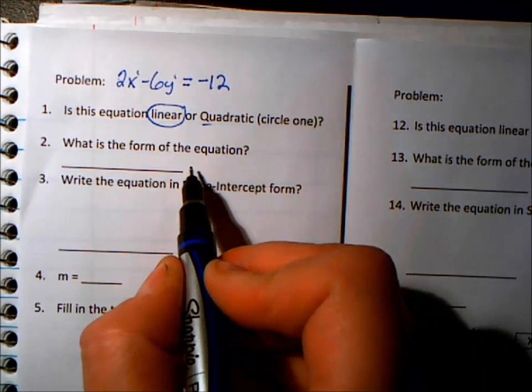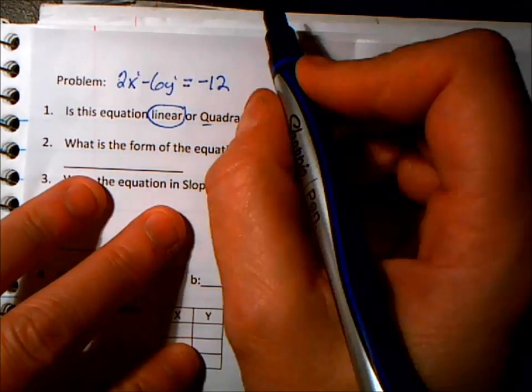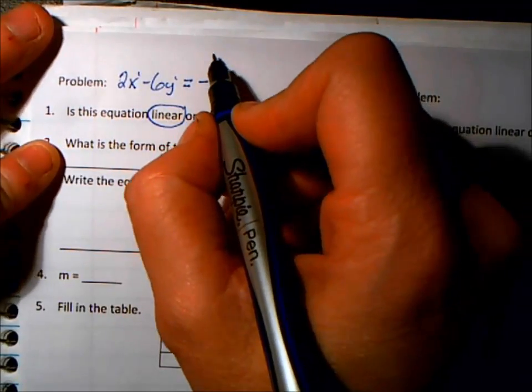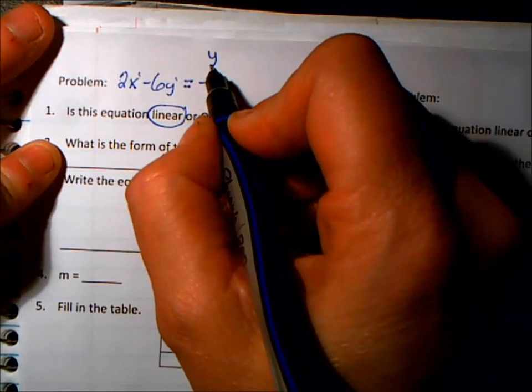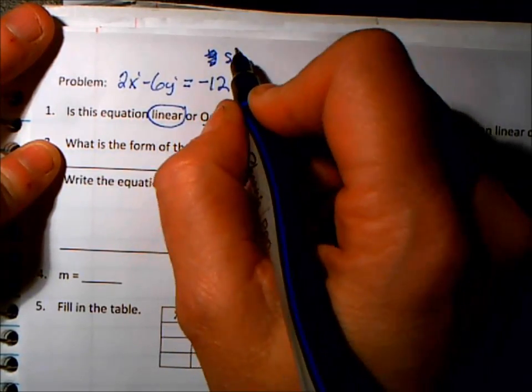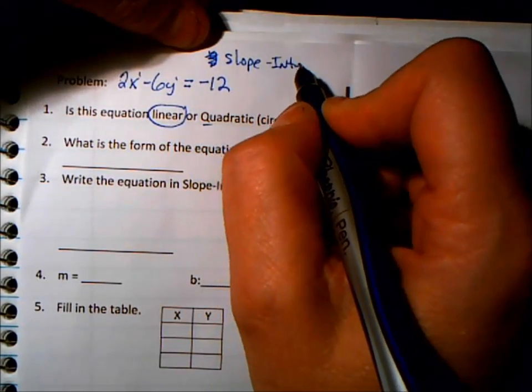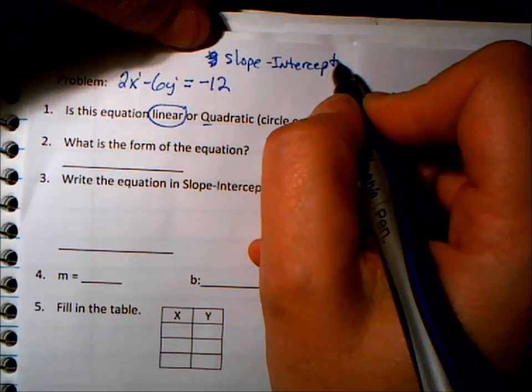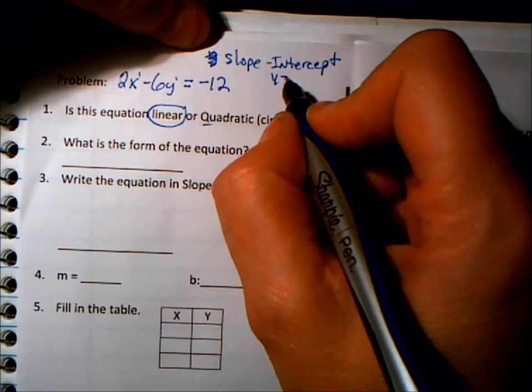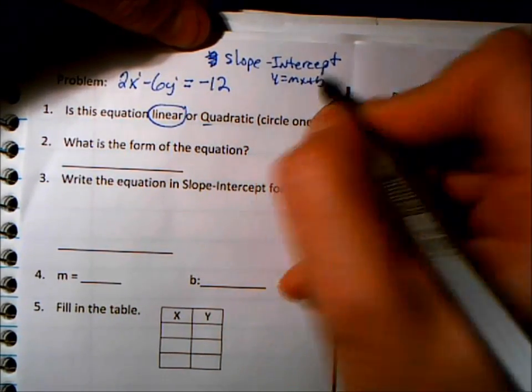And it says, what is the form of the equation? You had three forms that you were dealing with, and I'll write them up at the top. We had slope-intercept, that was y equals mx plus b.